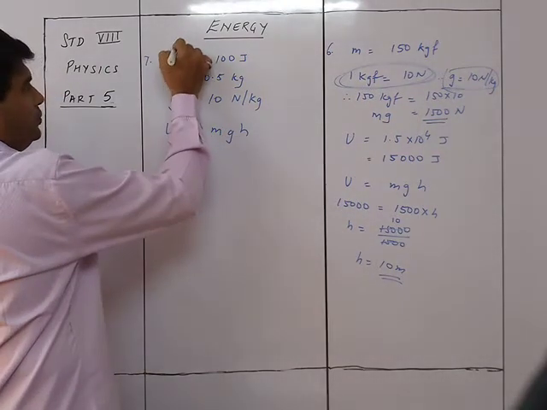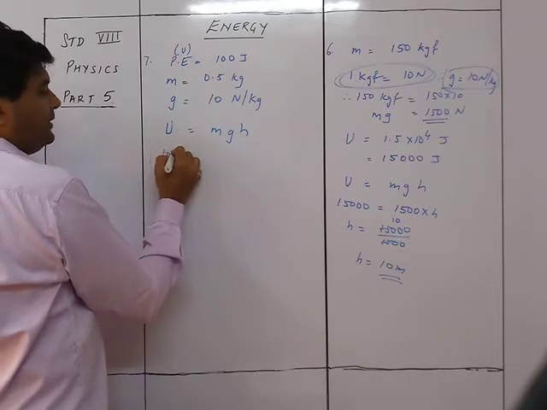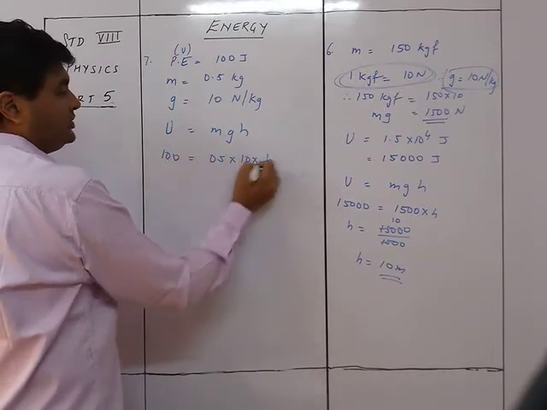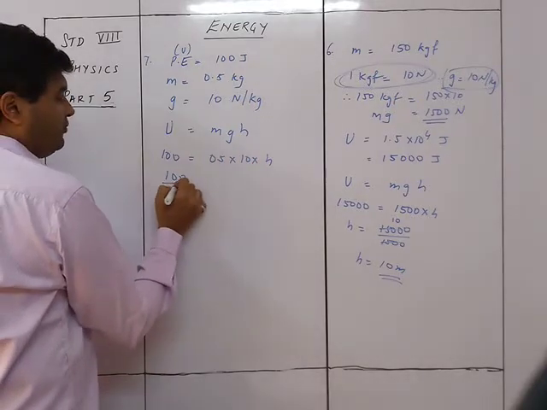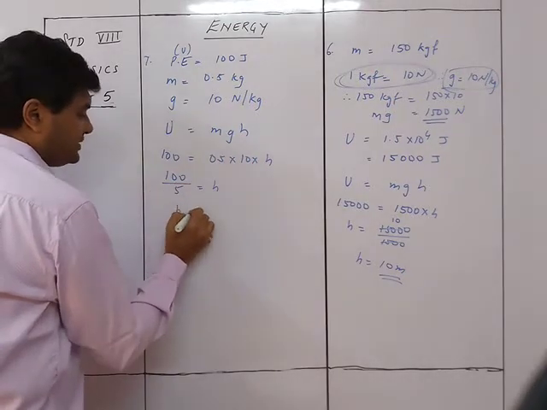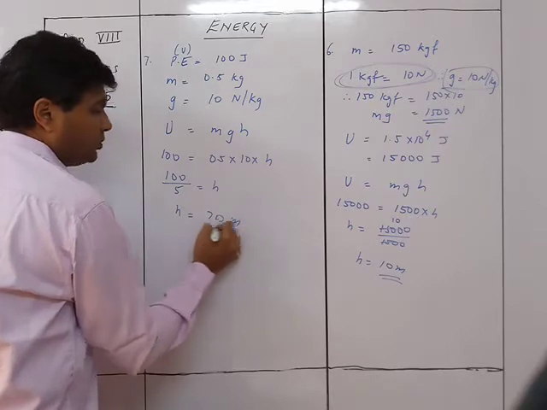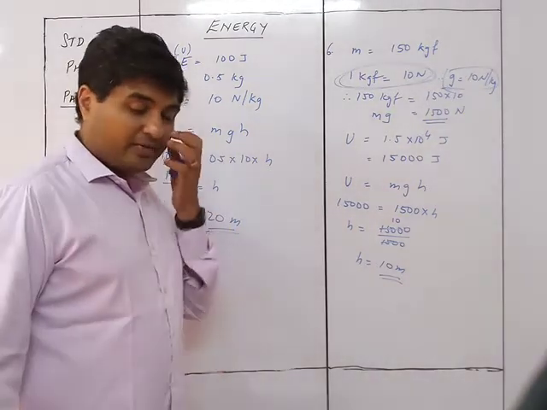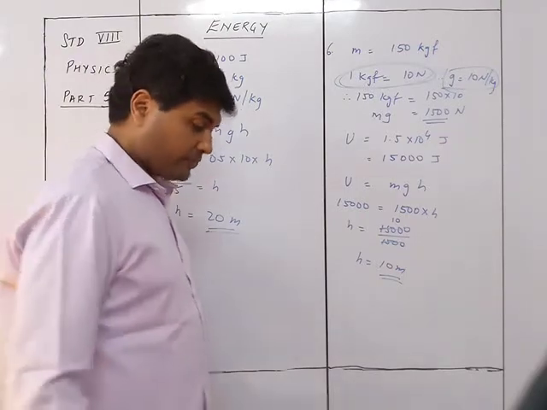So 100 is equal to 0.5 into 10 into H. So it is 100 upon 5 is equal to H. Therefore H is equal to 20 meters. So the height of the tower was 20 meters.